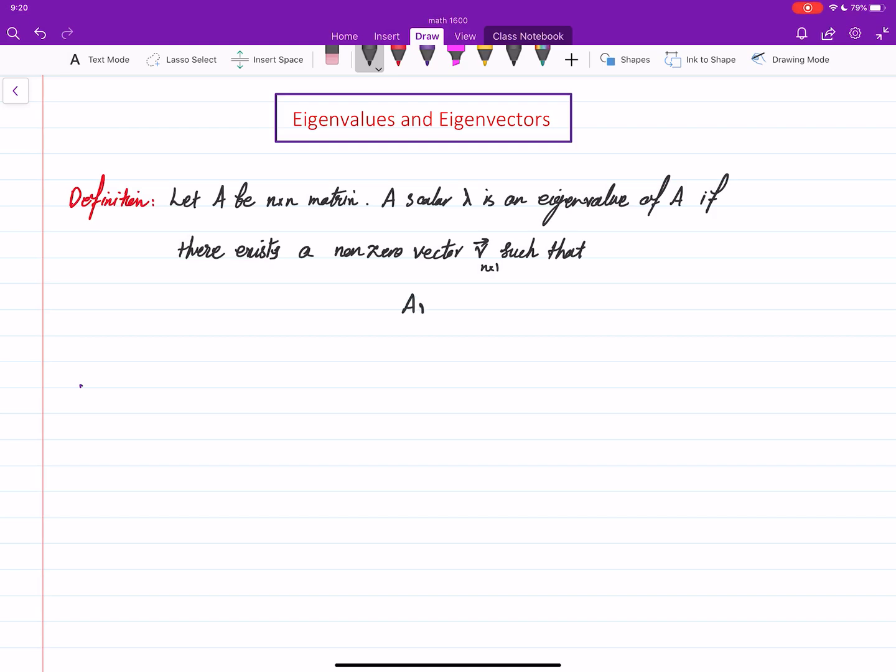Then you can multiply A to v, and it will give you another vector, which will be again a column vector.